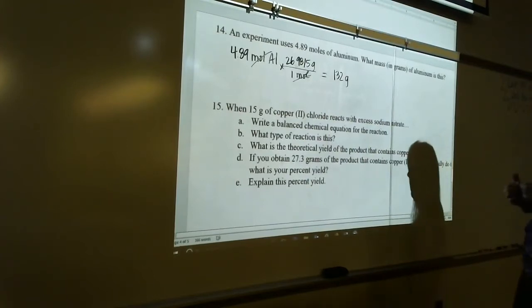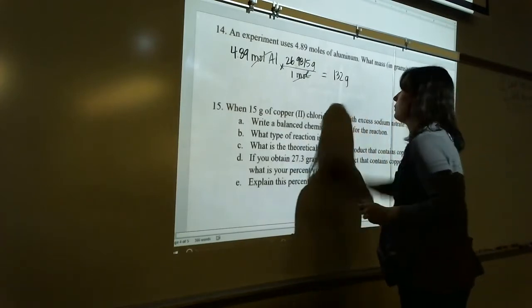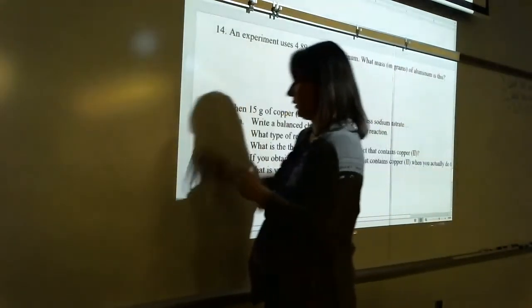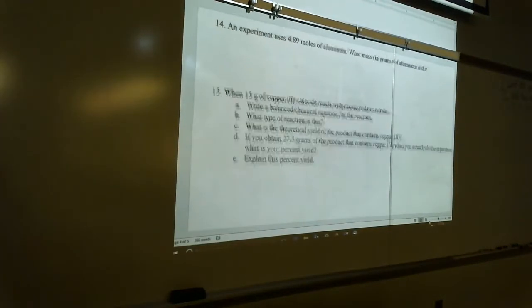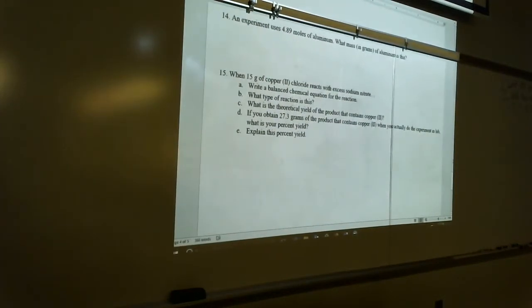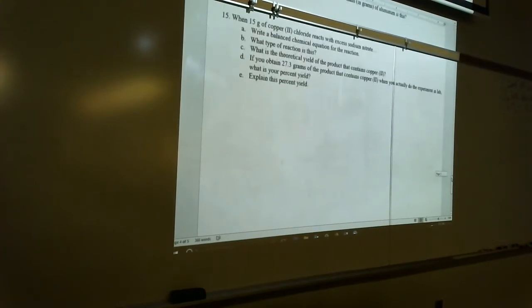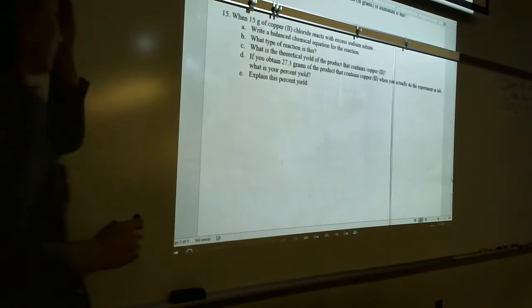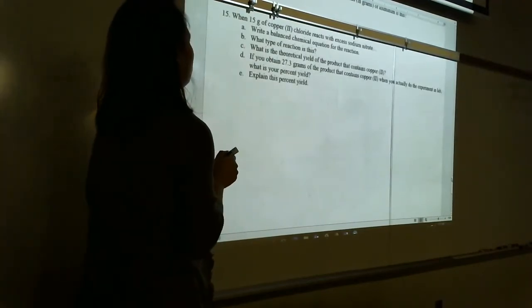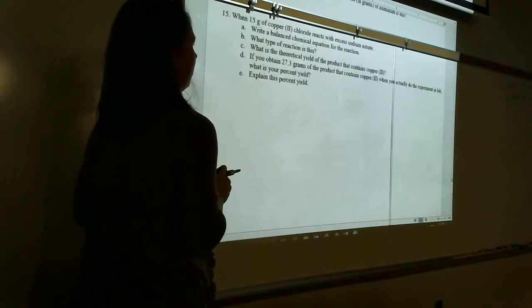15. A lot of things being asked of me in number 15. So let's zoom it out so we can read the whole problem. Good news is 15's the last one that we're doing today, right? 15 grams copper 2 chloride reacts with excess sodium nitrate.